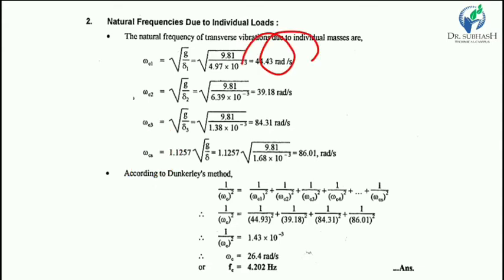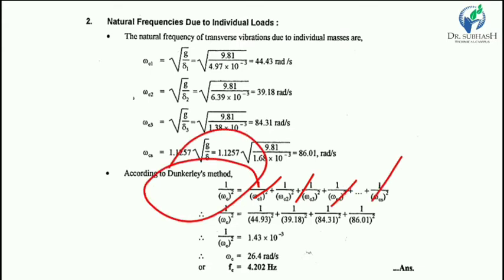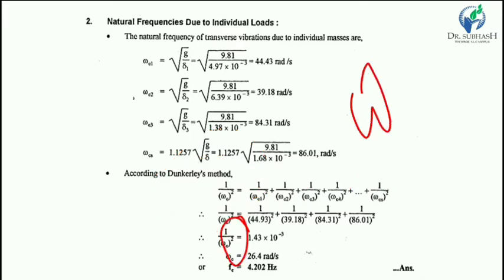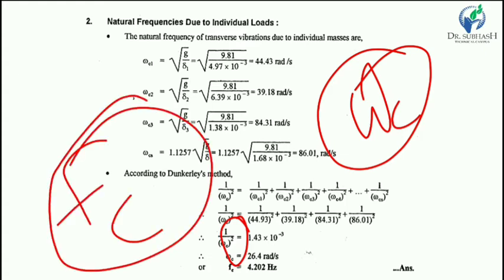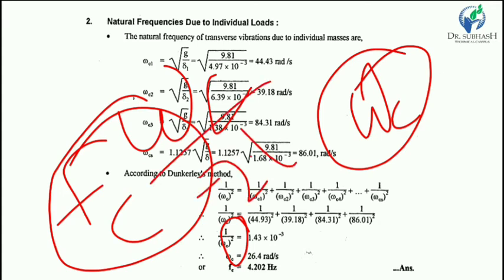So we finally get the values of all the omegas and put them in the Dunkerley method equation, and finally we get the critical speed of the shaft, and from that we can find the frequency of the shaft, omega c upon 2 pi.